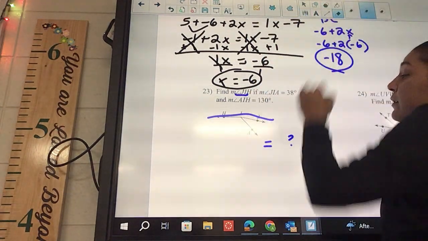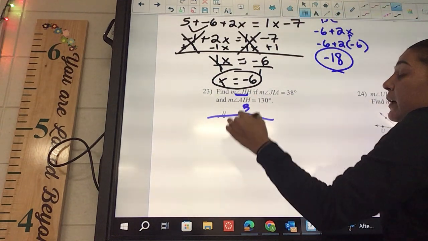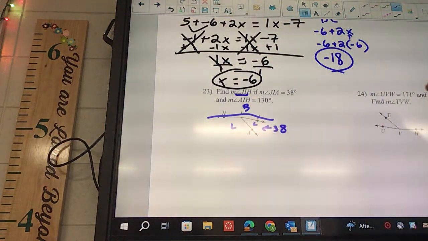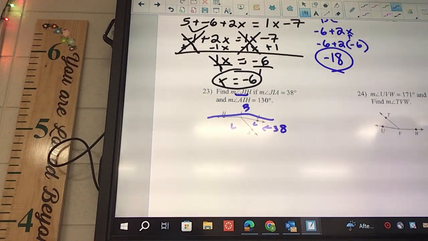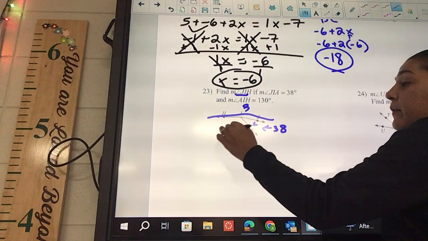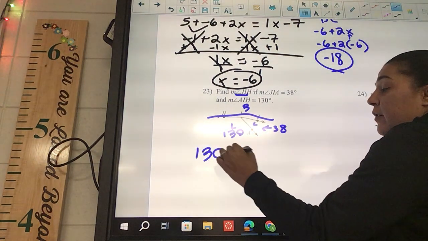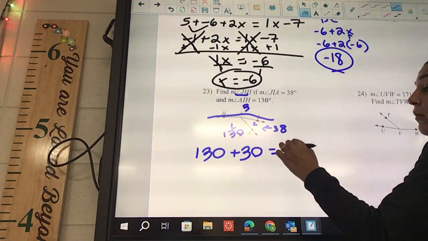This is my big, this is my little, and my little. So this one is 38. AIH is a little, and it's 130. So this is gonna look like 130 plus 38 equals my big.